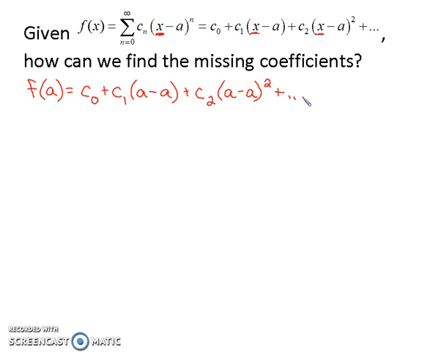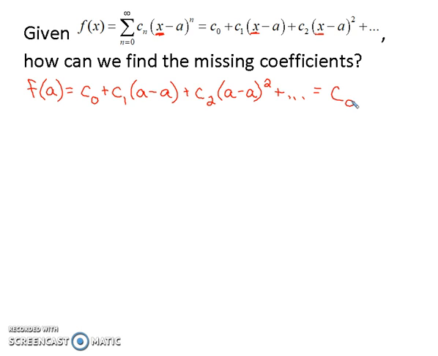Hopefully you realize that that a minus a in each of those terms is going to give me 0. So the c sub 1 term is going to become 0, the c sub 2 term is going to become 0, and so the only thing left would be the c sub 0.